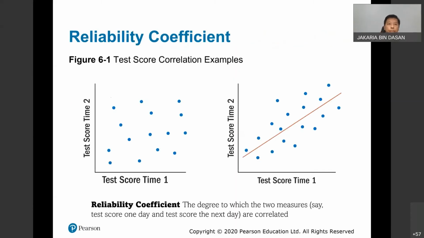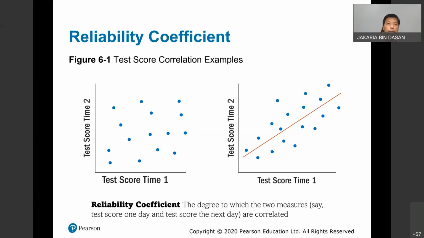Okay, so reliability. These are the two graphic charts which show what the reliability coefficient is about. The left one, the dots represent unreliability, in which they are scattered everywhere.